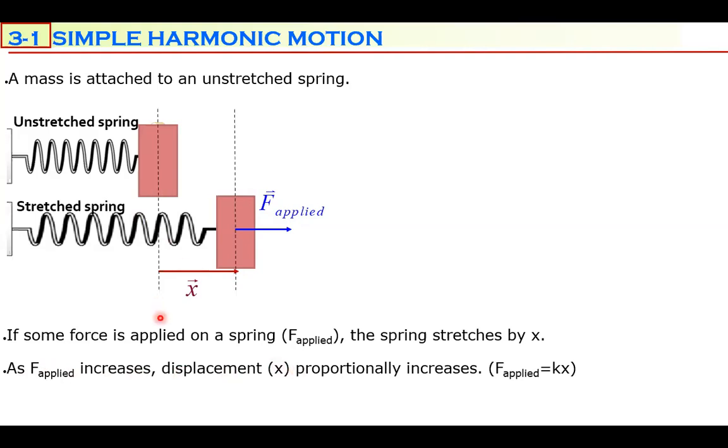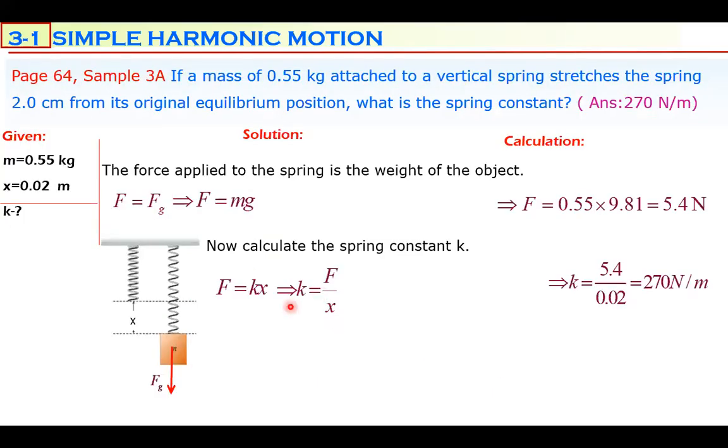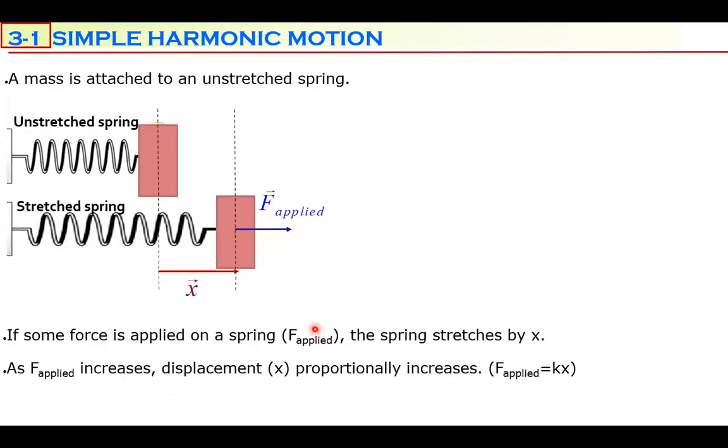That is called displacement, because according to the initial position, it is stretched and this object is displacing. This object is moving from here to there. So if force is applied, displacement proportionally increases. More force, more displacement. Much more force, much more displacement. They are directly proportional. Here it was vertical, but here it is horizontal.